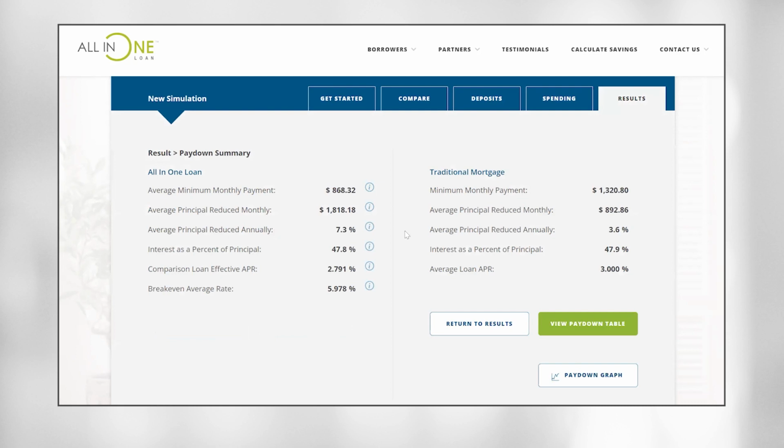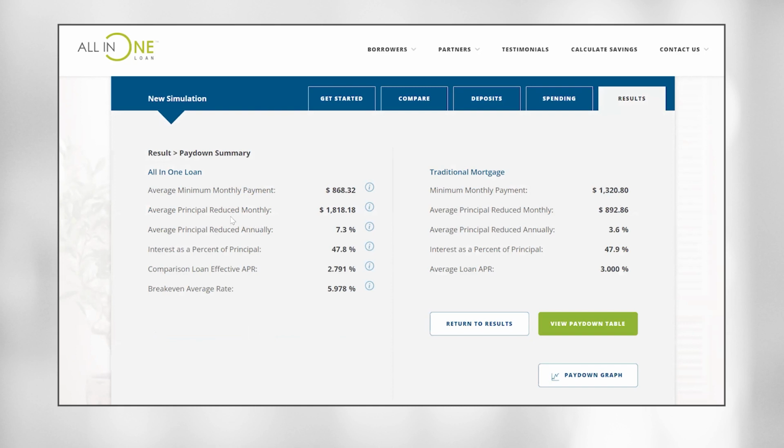So if you look at the breakdown of the numbers in this scenario, you've got the average minimum monthly payment for the all-in-one loan, $868.32 in this scenario. That's interest versus the minimum traditional mortgage payment. It's about $13.20, right?